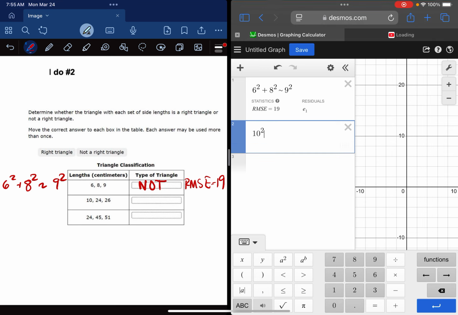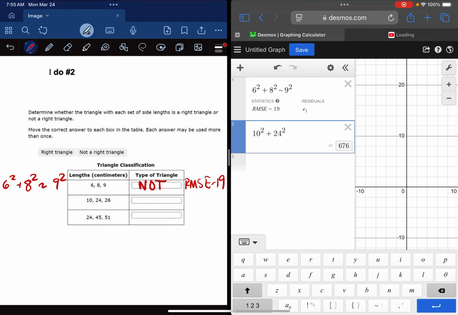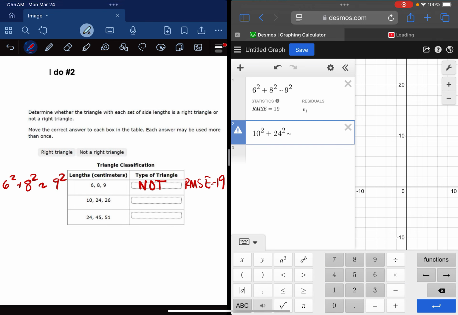10 squared plus 24 squared tilde 26 squared. So if you notice on the bottom here, I get RMSE of 0. So I know this is a right triangle.